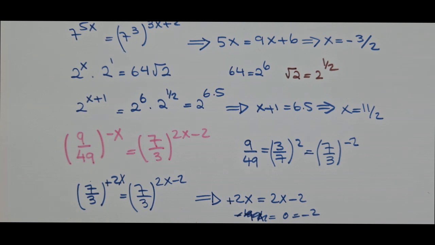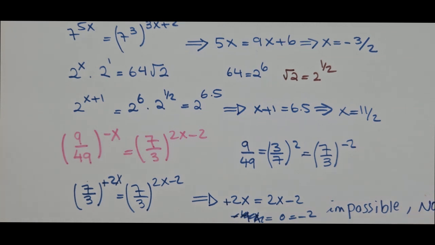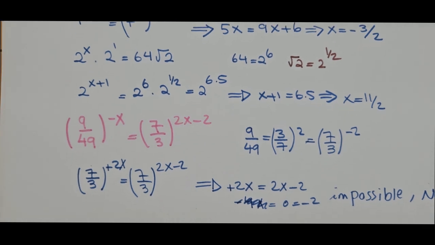So this is how you should write it: this is impossible. That means there is no solution for this equation. Okay, the next one.